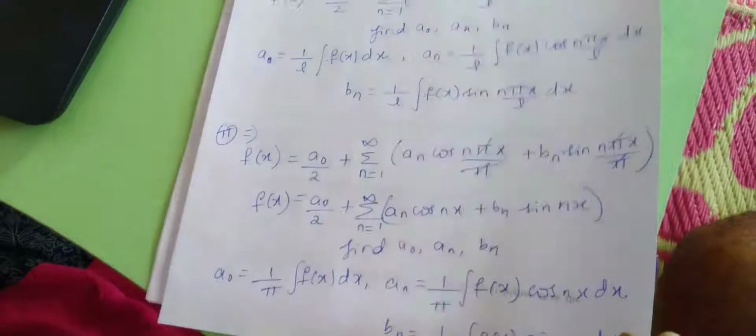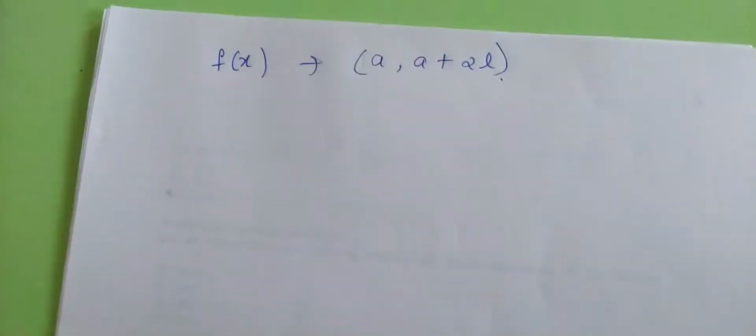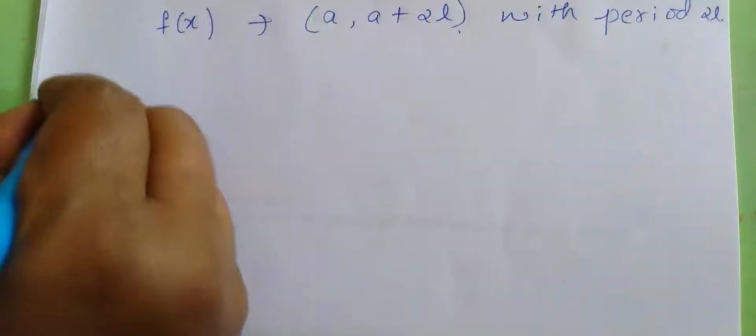Now, let us consider the cases within the interval, definite integrals. When we consider the definite integrals, how does it look? So the single valued function f of x, when we consider in the limits a comma a plus 2l, with period 2l, what do I get?